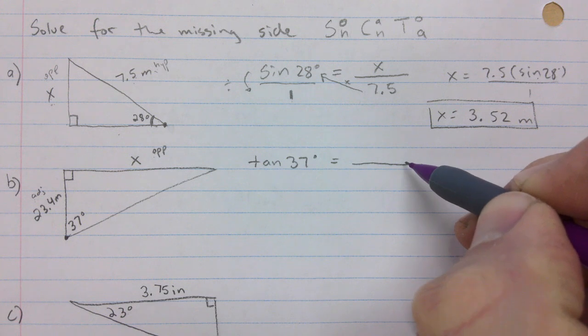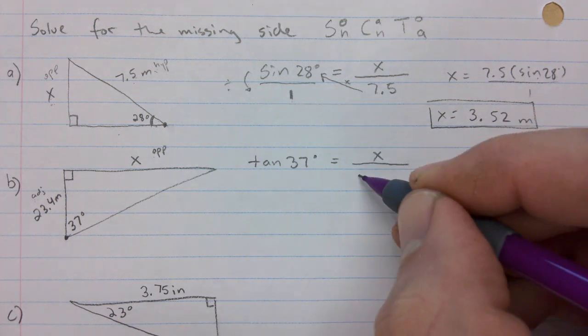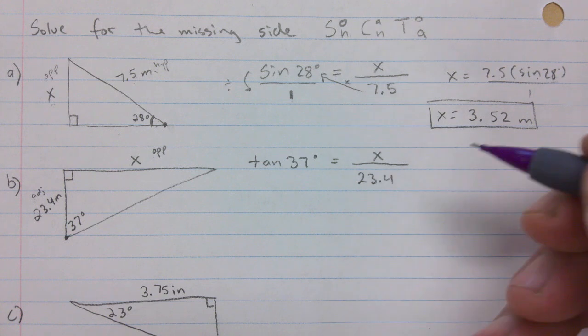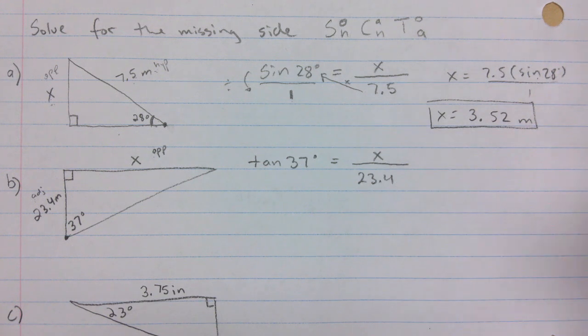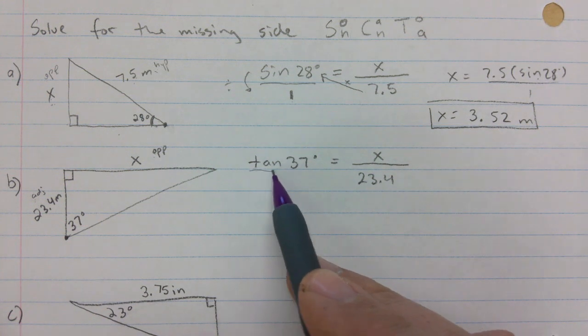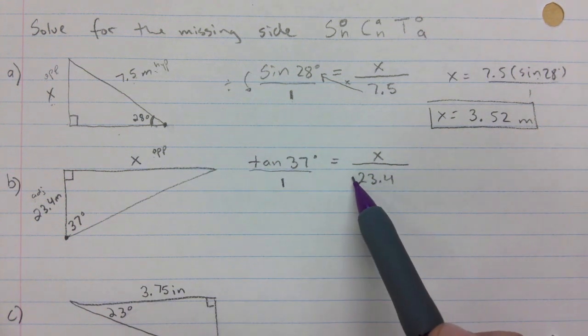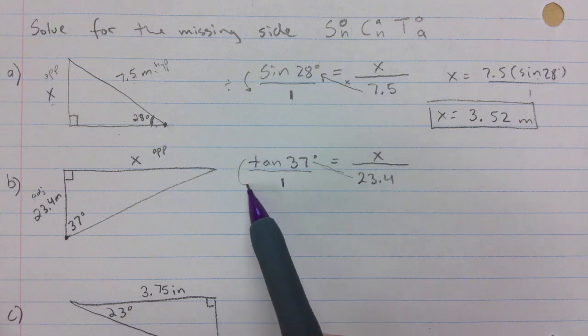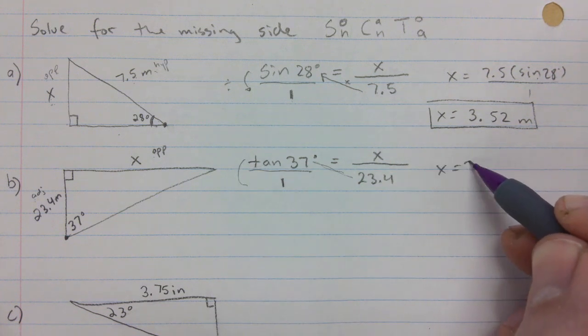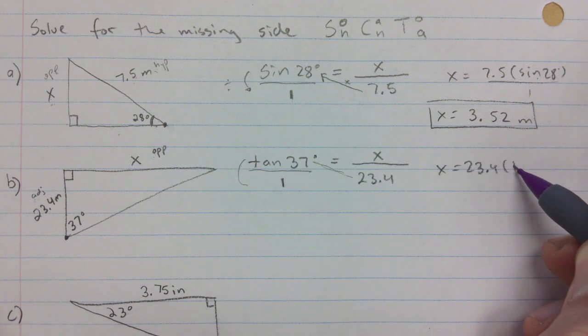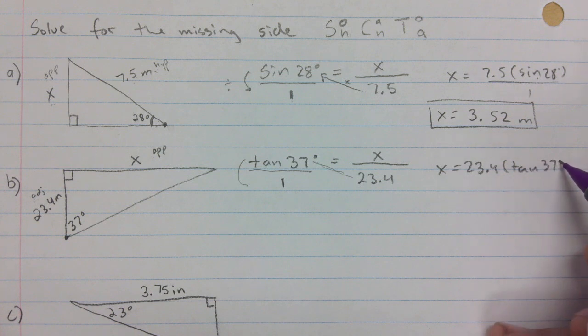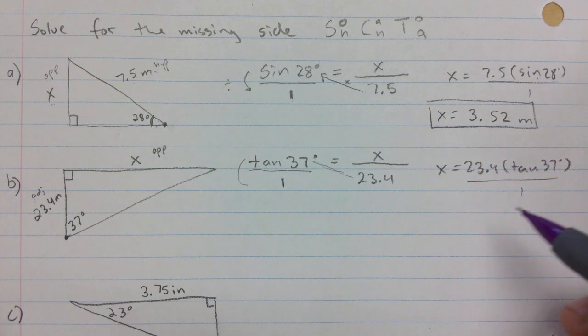is opposite comes first, so that's unknown. Adjacent comes next. Notice that the x can be denominator or numerator. It depends on the situation. 1 is there. That means that you need to multiply and divide like that. So x is equal to 23.4 times tan of 37 divided by 1.